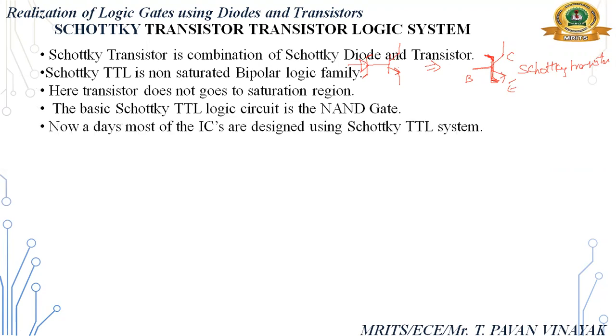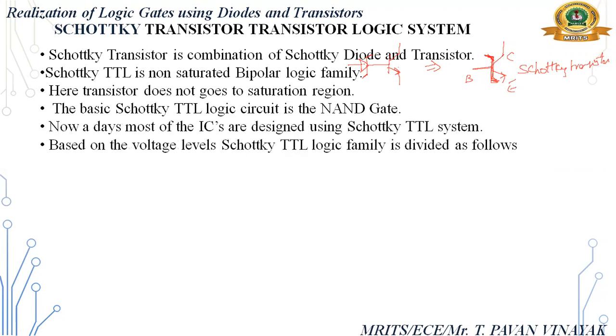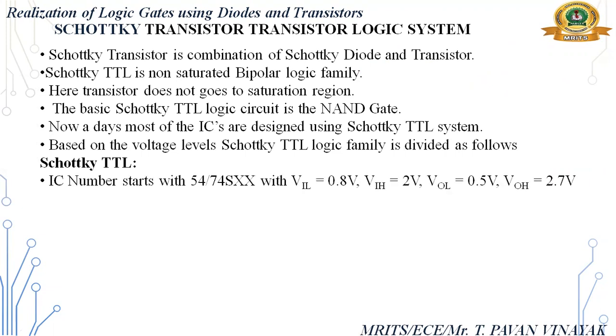So the basic circuit is the NAND gate. And in this also we have types of logic families. First one is standard Schottky TTL, where the IC number starts with 74S.